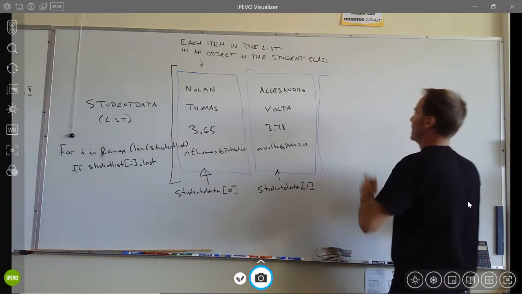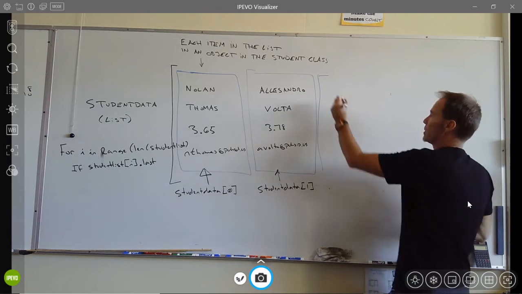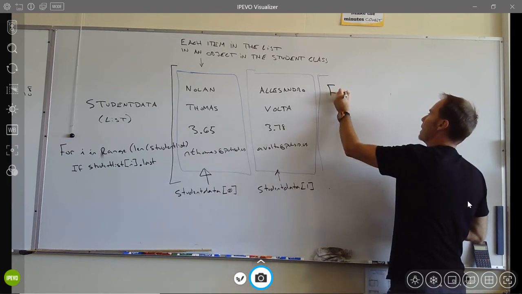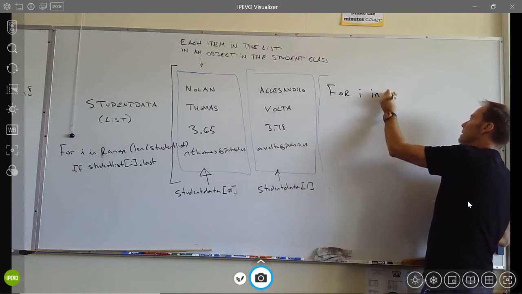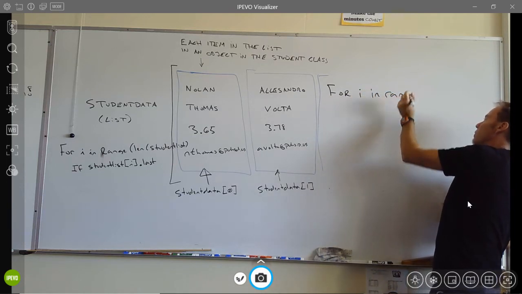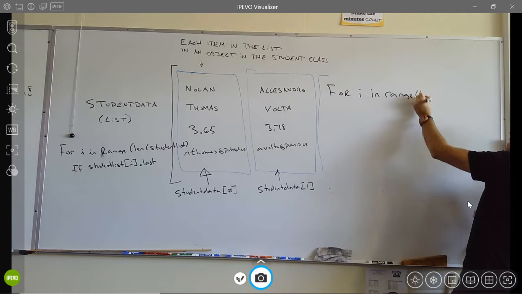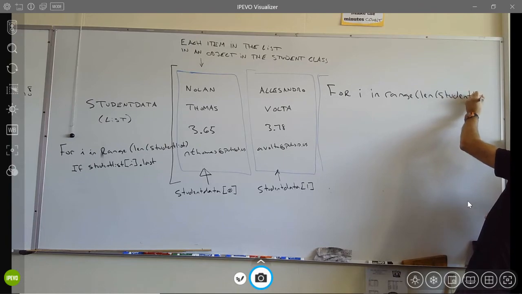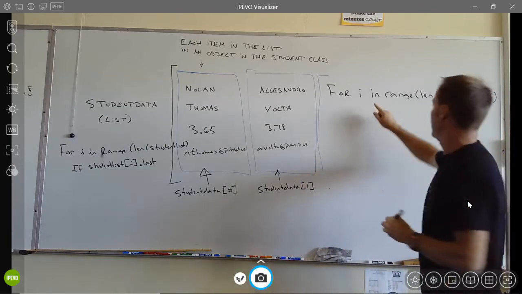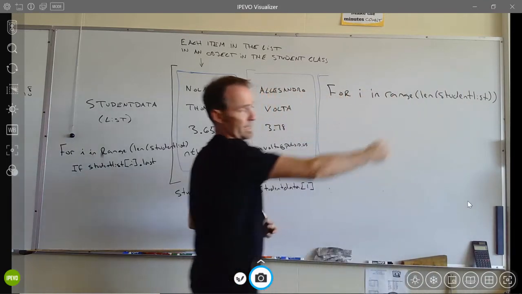So I'll write for i in range, length of student list. That's basically going to go through the whole list.